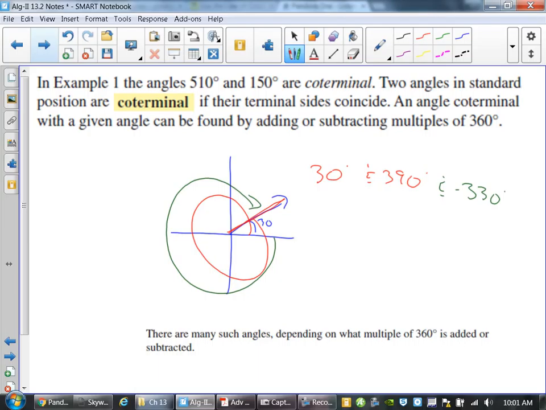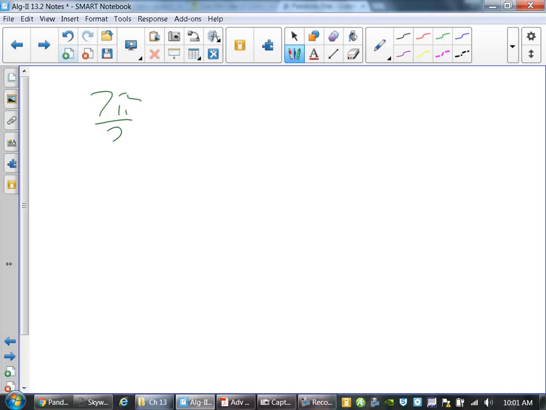What we usually worry about is, can you get one within one revolution? So if I'm given 7 pi over 2 and I want to figure out what quadrant it lies in, it's the idea of finding its coterminal angle that is within one revolution, okay? Think about it without the pi for a second: 2 goes into 7 how many times? 3, it's 3.5 revolutions.